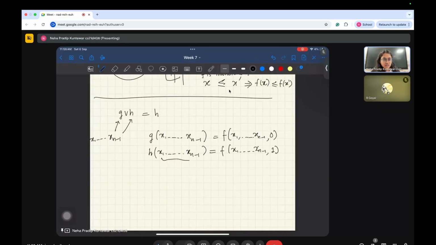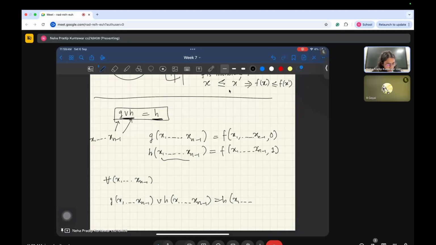So it is sufficient to show, for all x1 to xn minus 1, that g of x1 to xn minus 1 or h of x1 to xn minus 1 is the same as h of x1 to xn minus 1, for all substitutions.